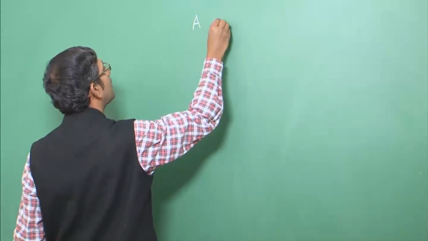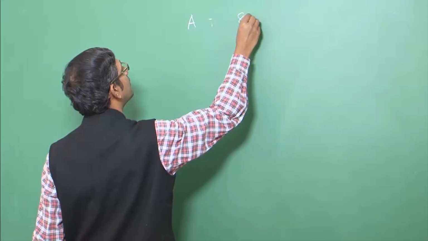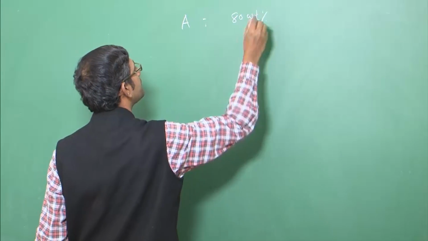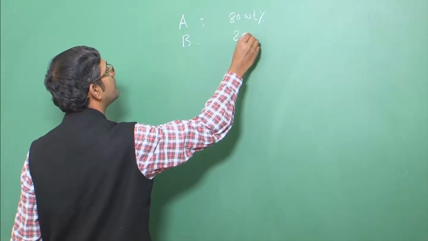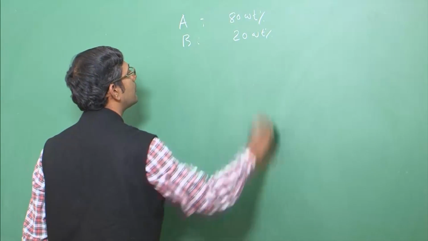Suppose I have a component A with 80 weight percent in the alloy and component B with 20 weight percent in the alloy.